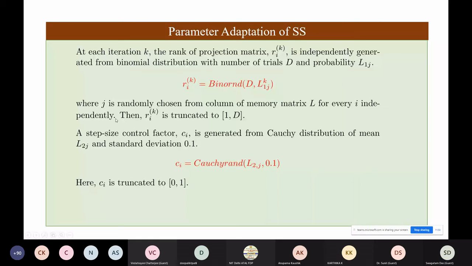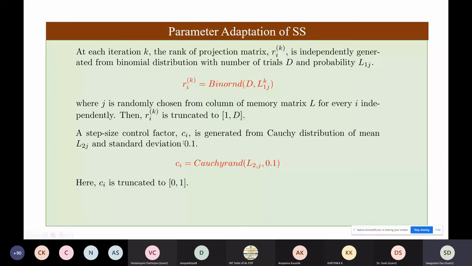In this memory matrix, you could put those values of the parameter for which the SS was successful previously. That is the record of previous success. Ri is truncated; whatever value it gives, it will be truncated to 1 within this range. The step size control parameter Ci is generated from a Cauchy distribution with mean L2J and standard deviation 0.1.